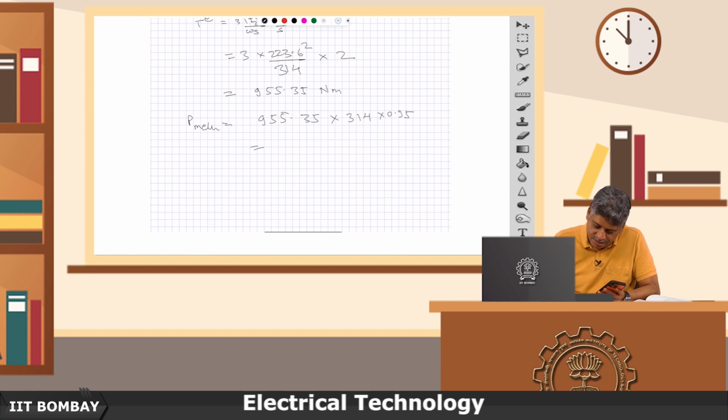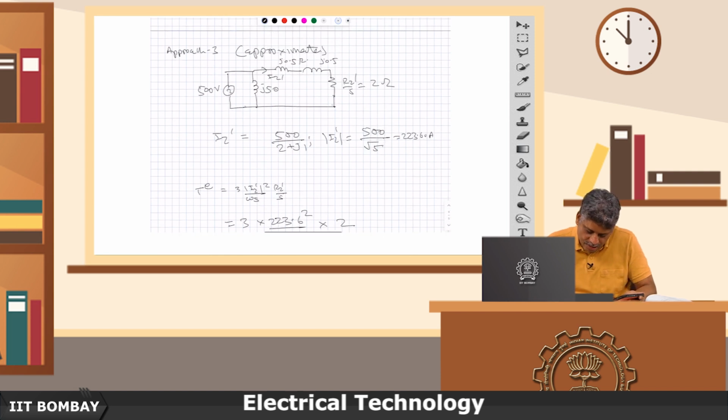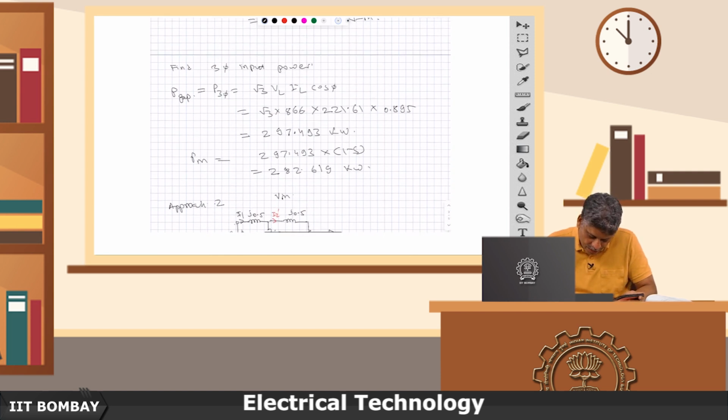Just for the heck of it, I am calculating this. So, I will get 955.35 into 314 into 0.95, and then divided by 1000. So, I get around 284.98 kilowatt.